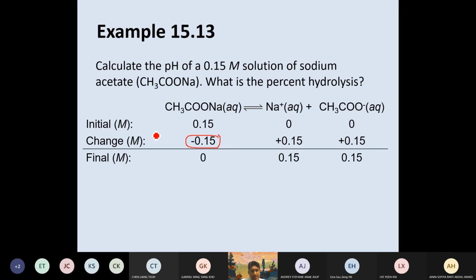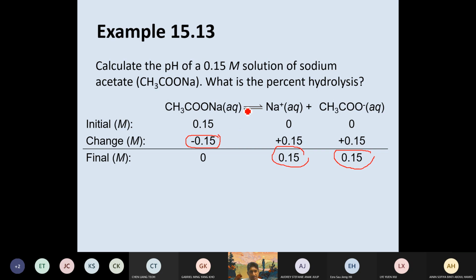So 100% it will be dissolved. And the interesting thing is, exactly the same amount of sodium and acetate are being produced.